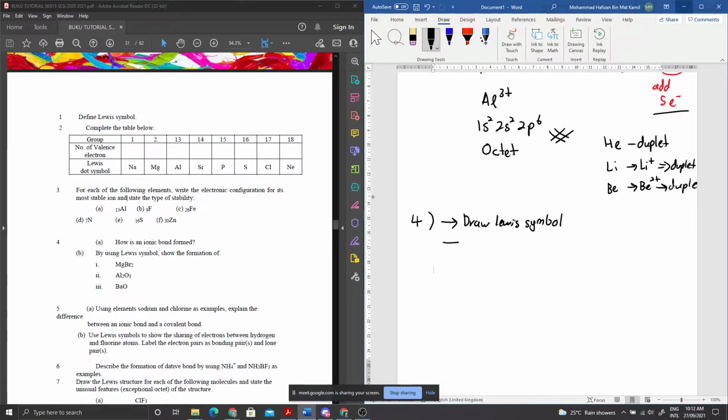Ataupun another type of question is like this lah. Dia cakap using Lewis symbol, and then dia suruh show the formation. Okay, so show the formation.